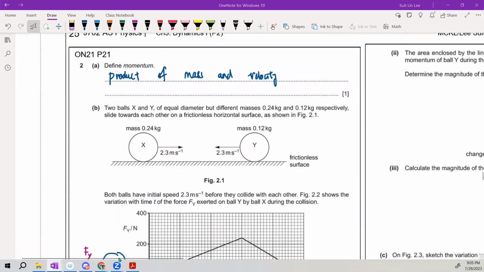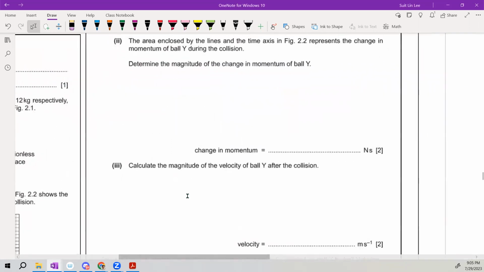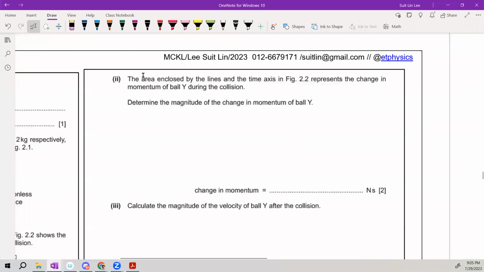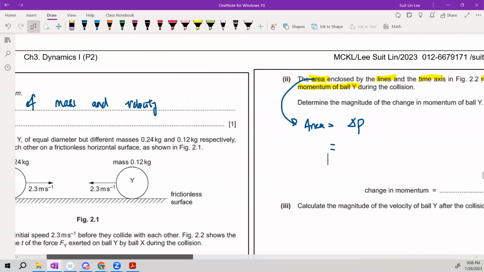All right, next. Look at how nice this question is. The area enclosed by the line and the time axis represents the change in momentum of ball Y. Although they don't need to tell you this, you should know that area is equal to change in momentum. But since they are so nice to tell you, you can find the change in momentum yourself.